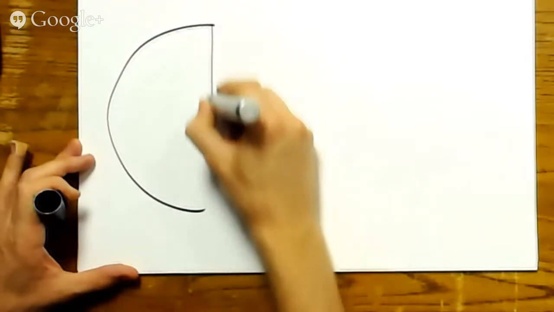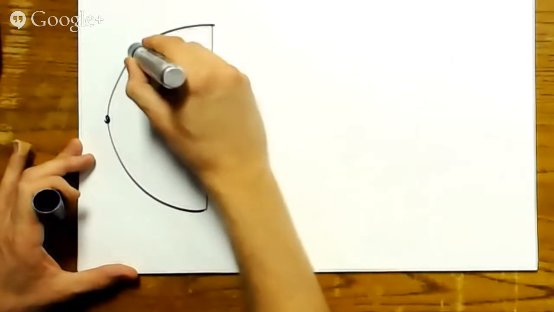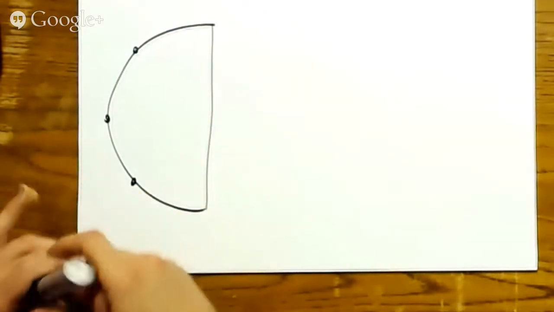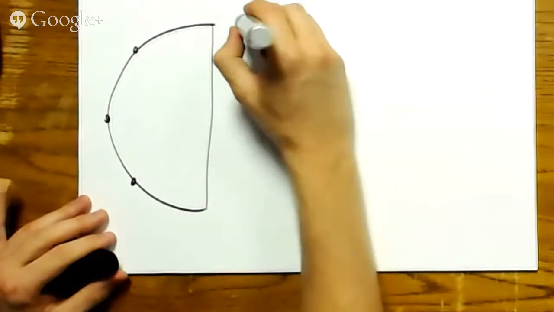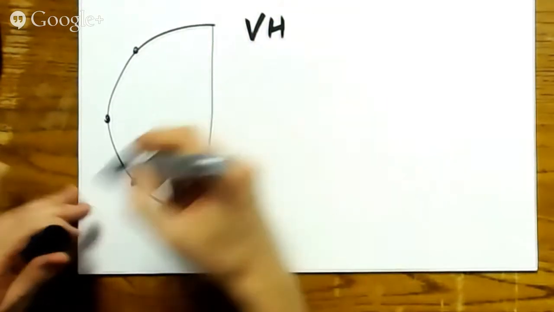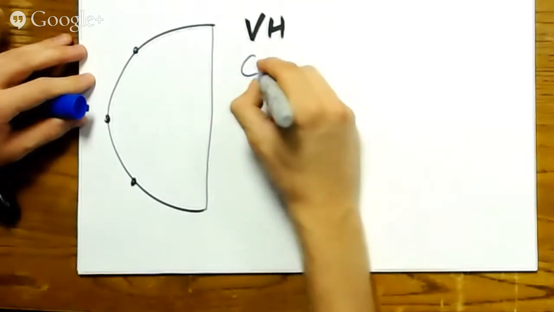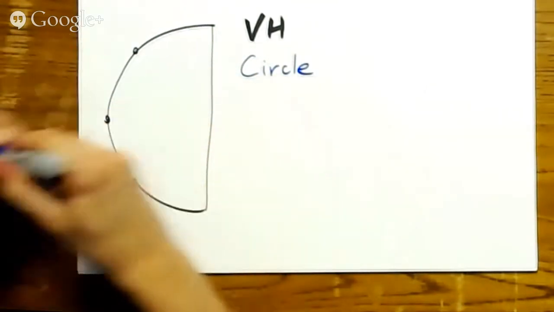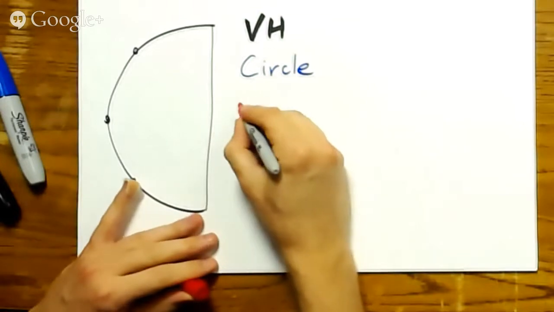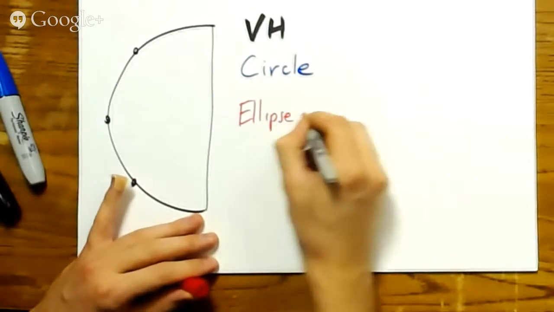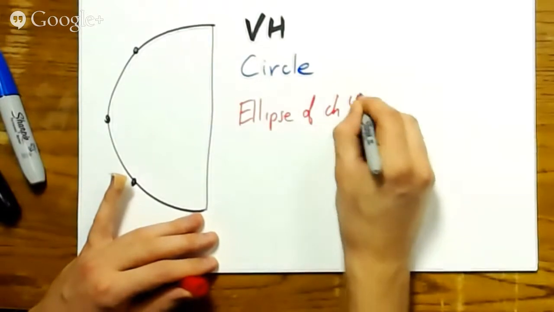So the black will be the vicarious hypothesis. That's the right spot. Blue is using the circle. And red will be the ellipse of chapter 47.